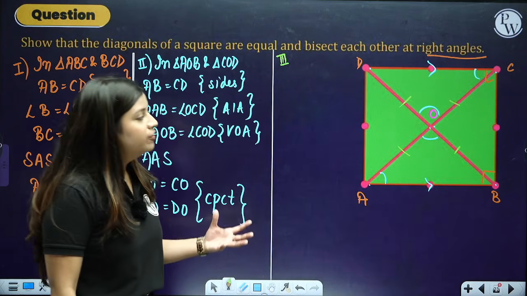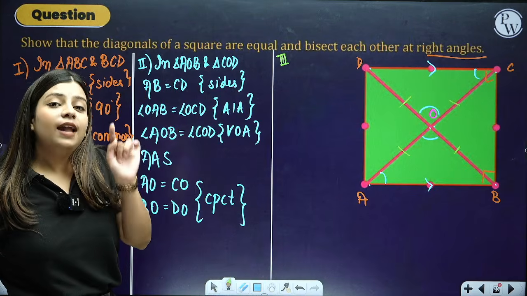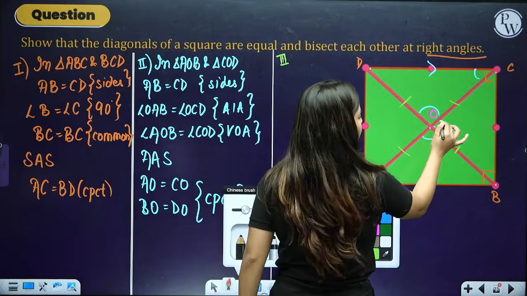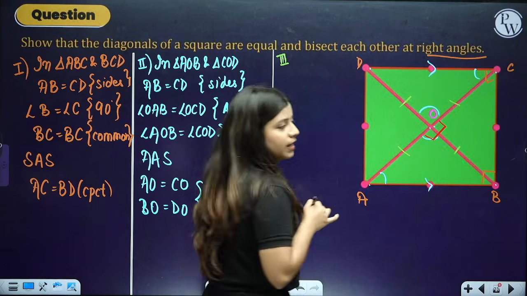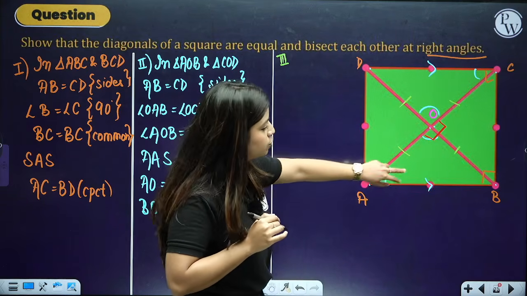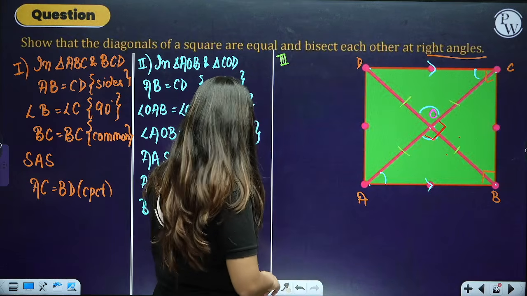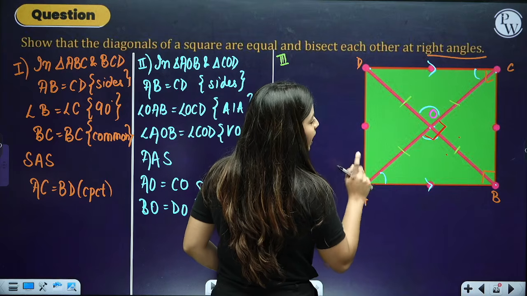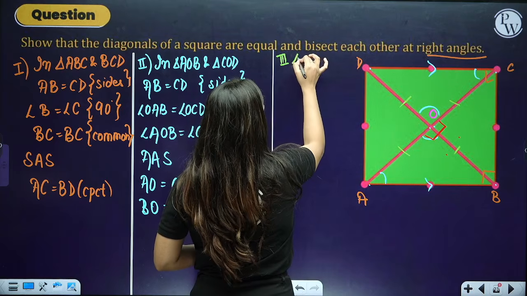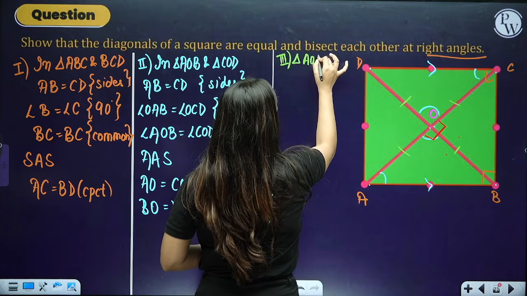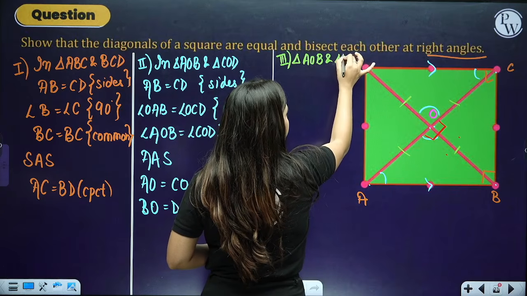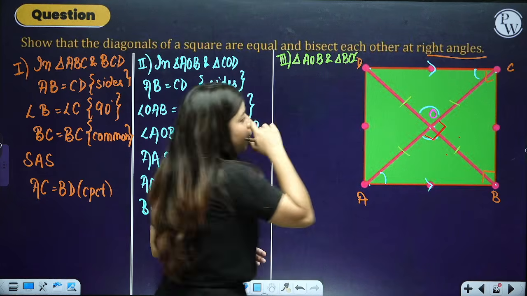Now, to prove that the diagonals bisect at 90 degrees, we have to show that this angle is basically 90 degrees, right? So, which two triangles do we need? These two triangles, triangle AOB and triangle BOC. So, what can we write, bacha?